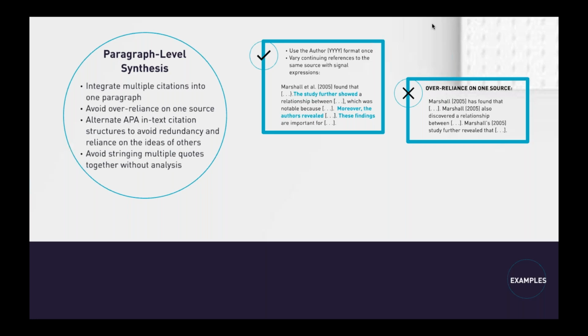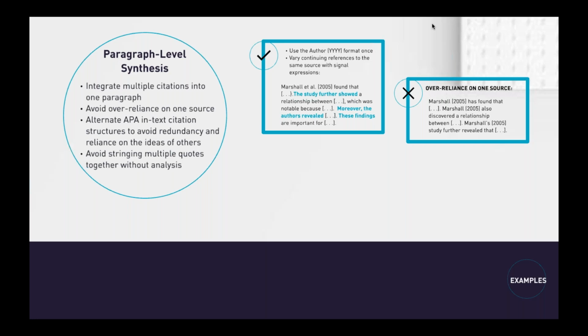You don't have to repeat the same parenthetical citation in every single sentence. As long as you continue to refer to the same study and you haven't changed citations, you can use expressions like this: the study further showed, the authors revealed, these findings are important. So here your reader knows you're referring to the same study.